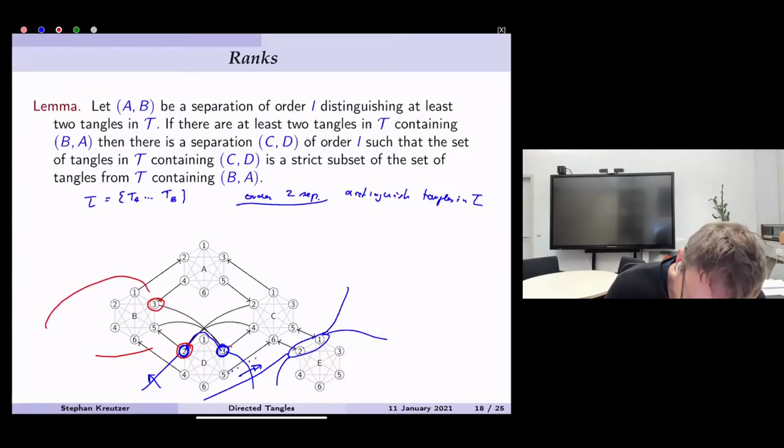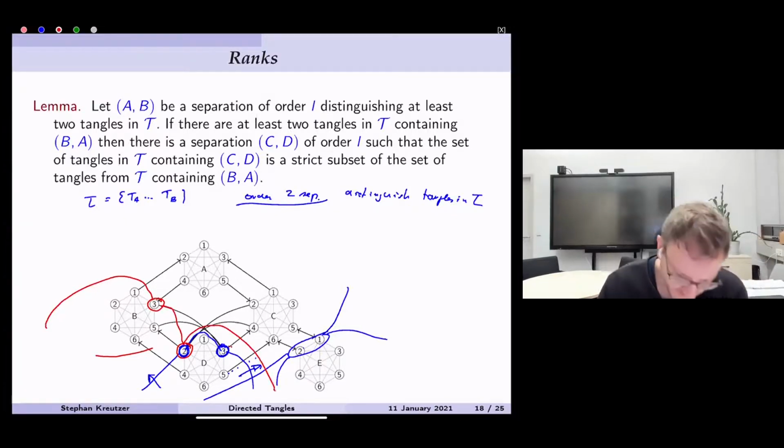And then we get these. And what we see is it's not just containing B, but also the other tangle D on the bottom. But every incoming edge ends either in 3 or it ends in 2. And then we're sending some edges out.